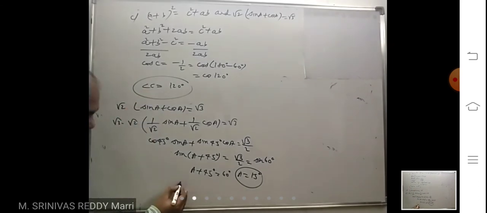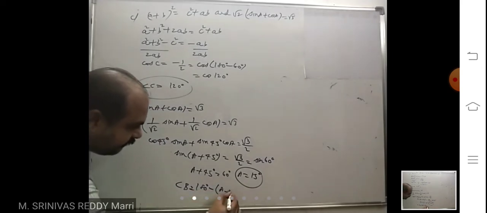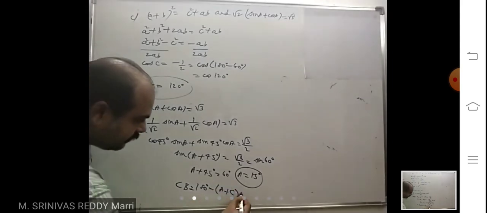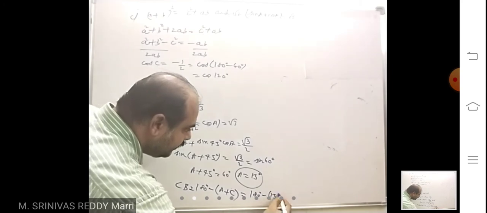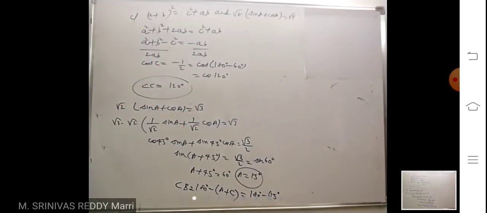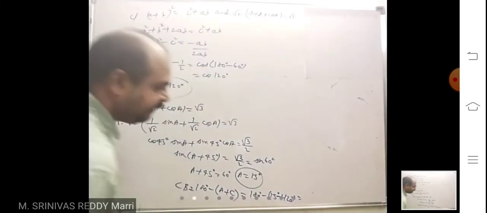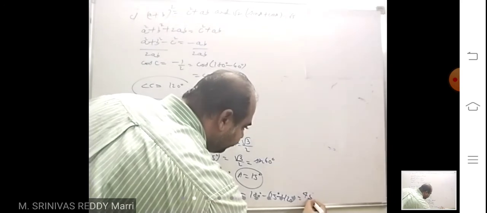Angle C is 120 degrees. What is angle B? 180 degrees minus (A + C). That means 180 degrees minus (15 degrees plus 120 degrees). That means 180 minus 135, 45 degrees.